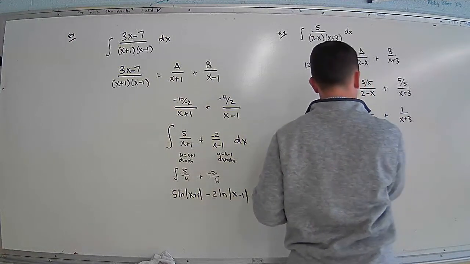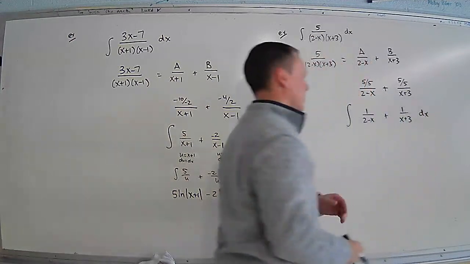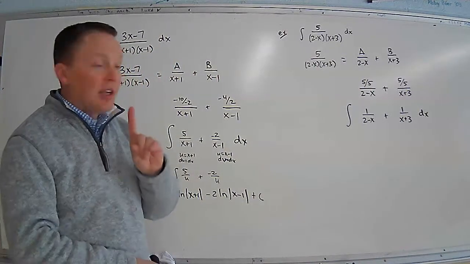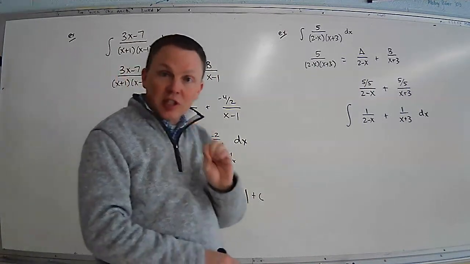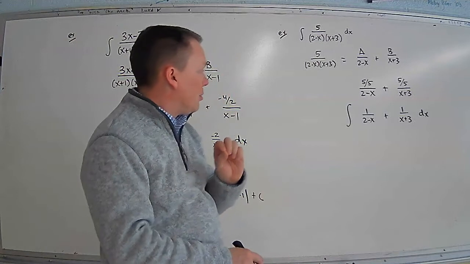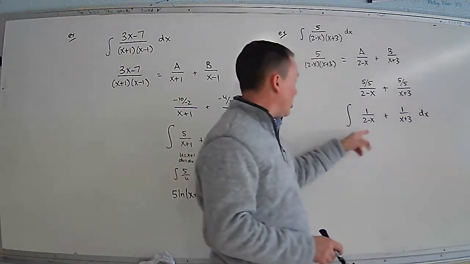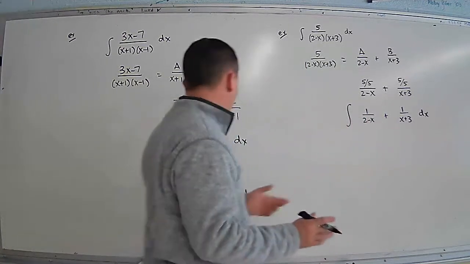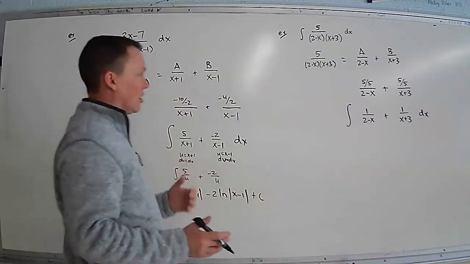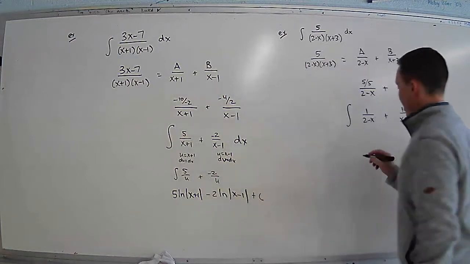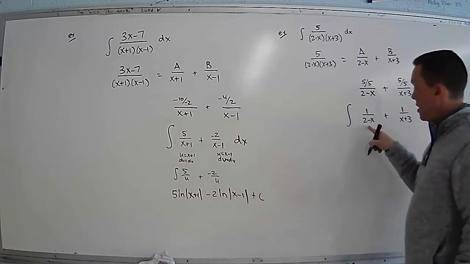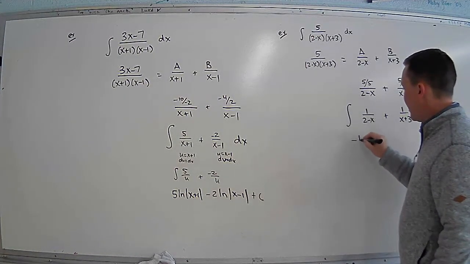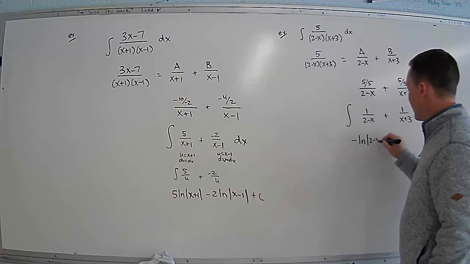Now we'll anti-differentiate that. You have to be careful here, and I chose this example specifically because of this. It's real easy when you're doing this shortcut method to get natural log happy, because you almost always end up having a natural log. The antiderivative of this term right here is negative natural log of 2 minus x.